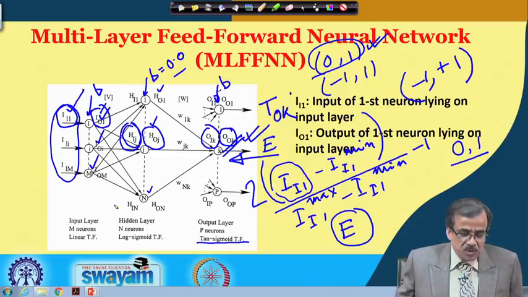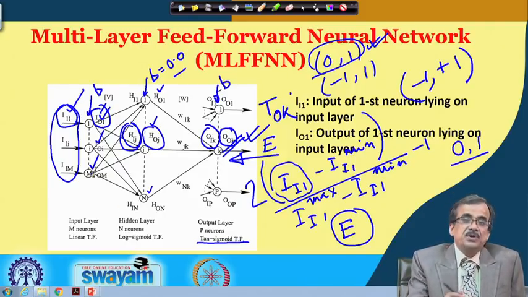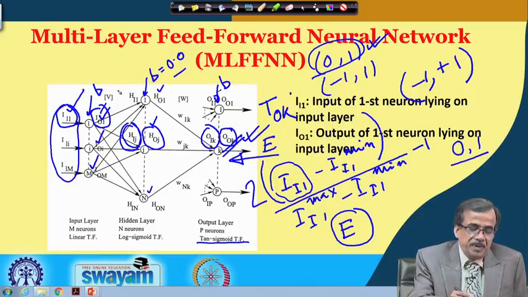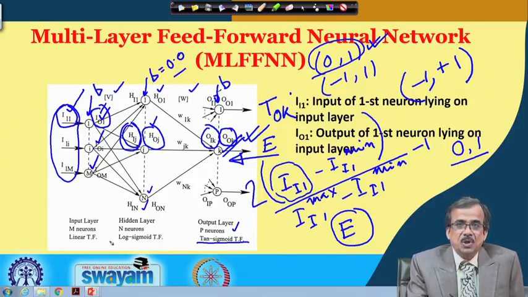Now, another thing I should mention is that the performance of this network depends on a number of parameters. For example, it depends on the connecting weights, and on the coefficient of the transfer function, whether it is log sigmoid, tan sigmoid, or the linear transfer function. It depends on the slope of the linear transfer function.